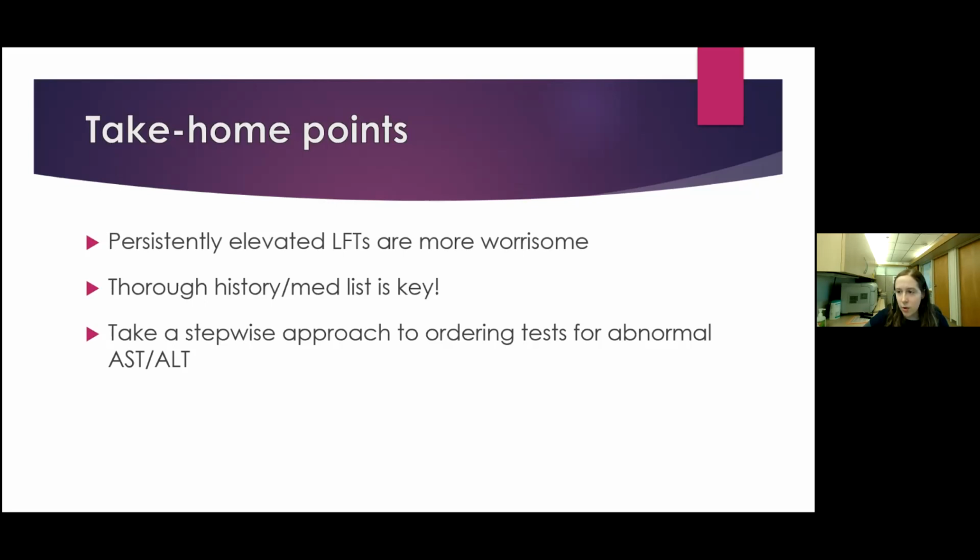And that when you're working these patients up with additional lab tests, to take a stepwise approach to ordering these, that you're progressing to your next round of testing only if the workup is unremarkable.